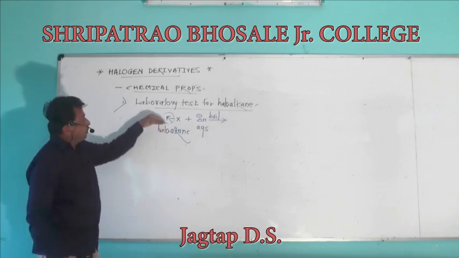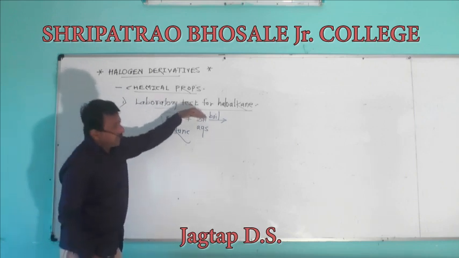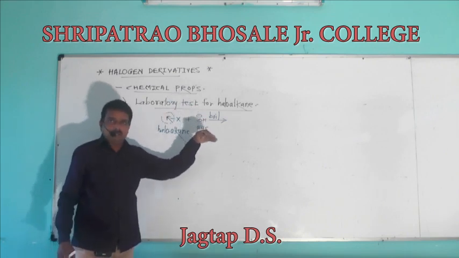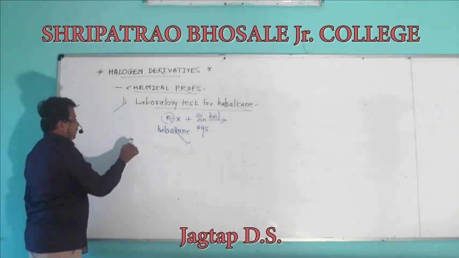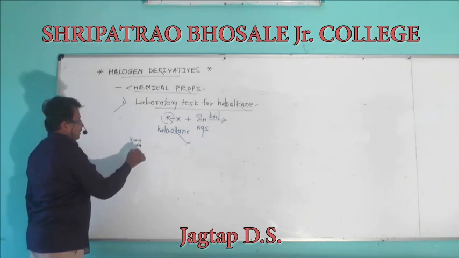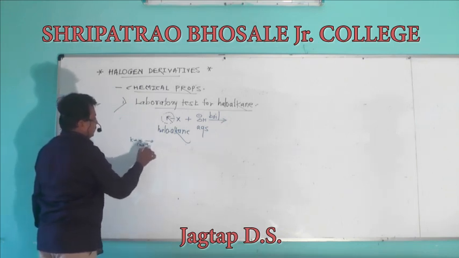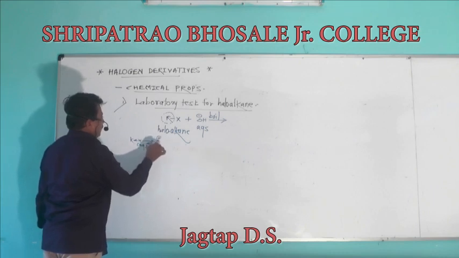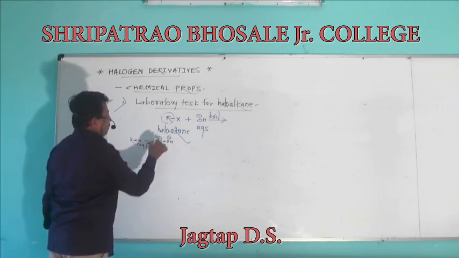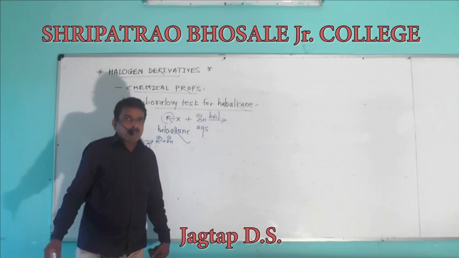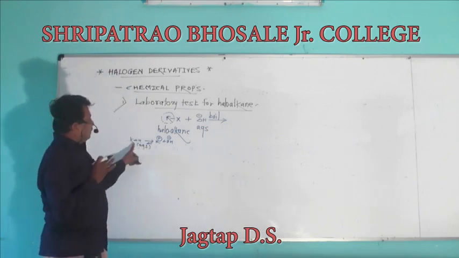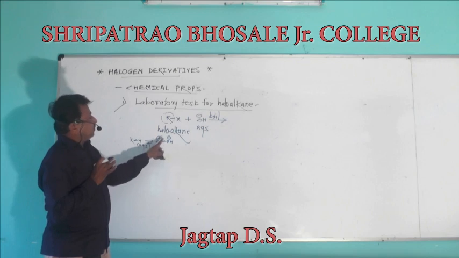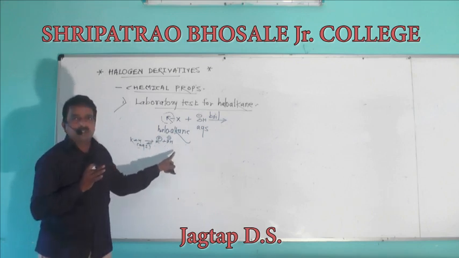So, it is then boiled with aqueous alkali. Aqueous alkali may be aqueous KOH or aqueous NaOH. In aqueous medium, it undergoes ionization to form a potassium ion, K plus, and OH minus ion.